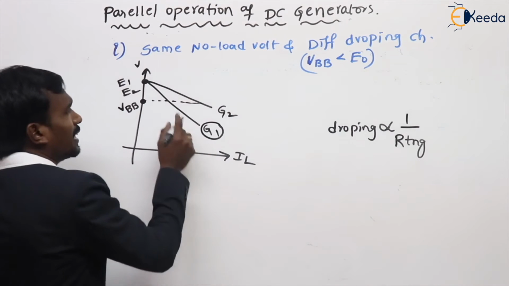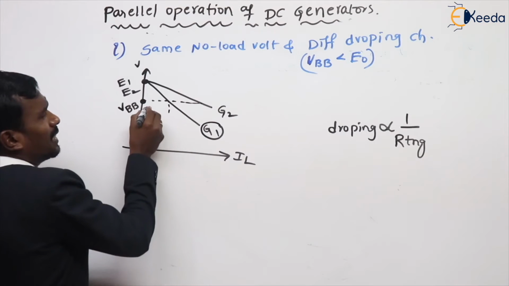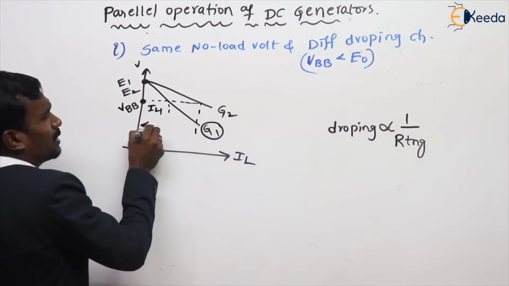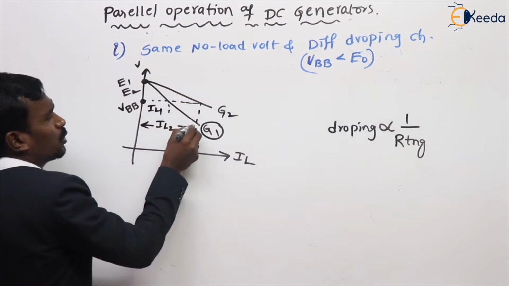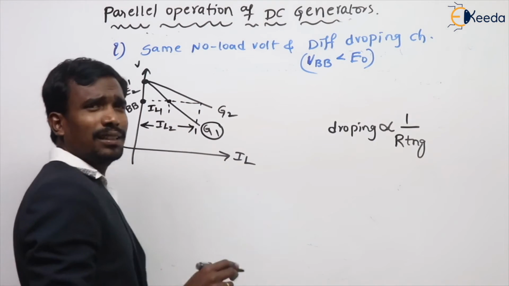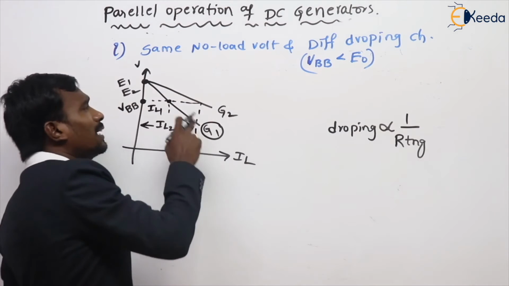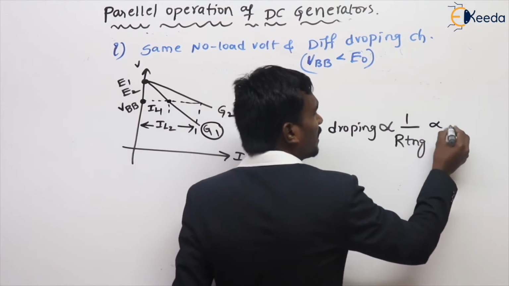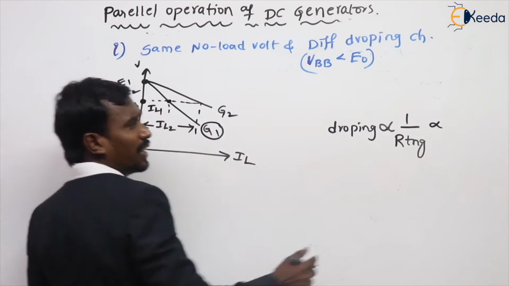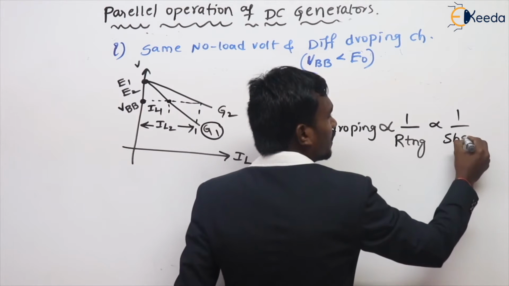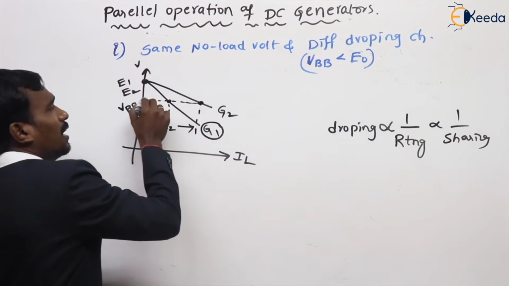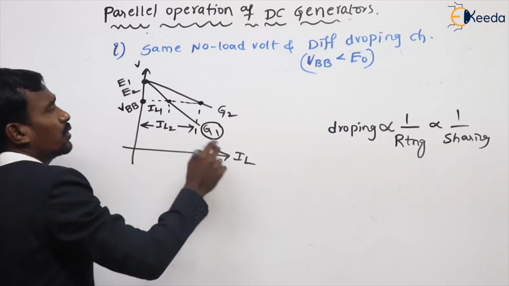So here generator 1 is sharing the load current IL1 and generator 2 the load current IL2. Which is more drooping, that generator has less sharing, and which is less drooping, that generator has more sharing.